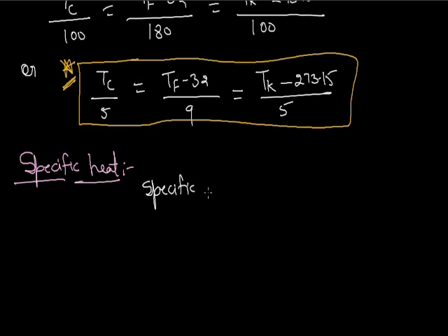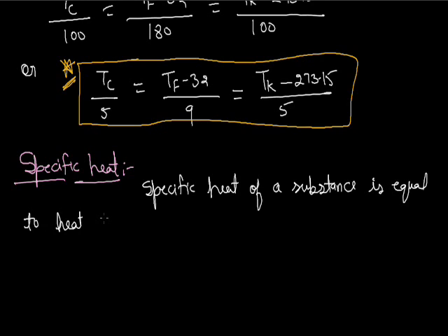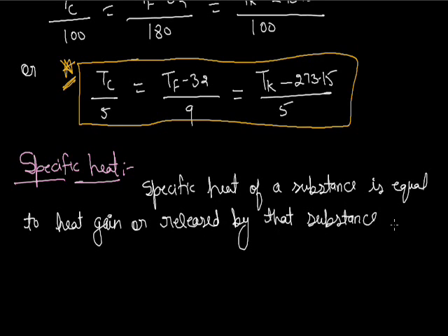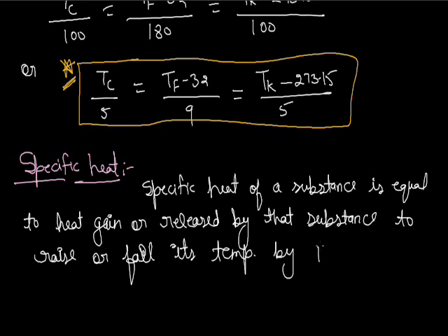Define specific heat of a substance: it is equal to the heat gained or released by that substance to raise or lower its temperature by 1 degree Celsius for a unit mass of substance.